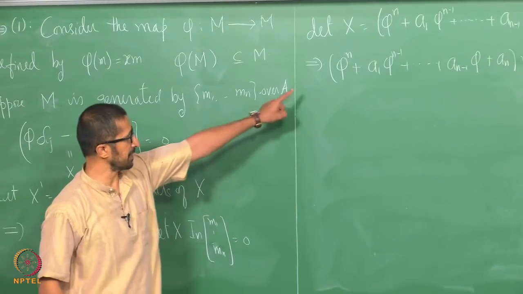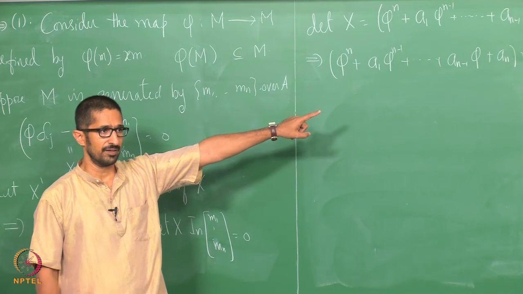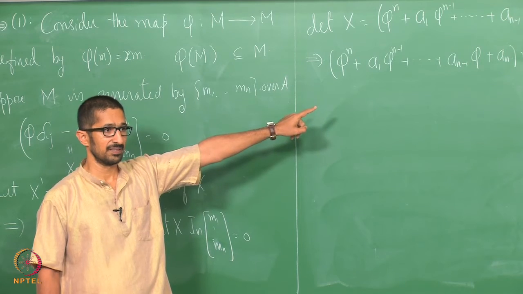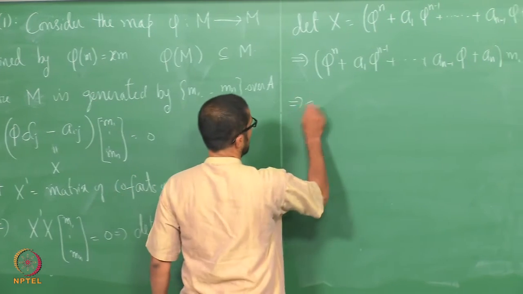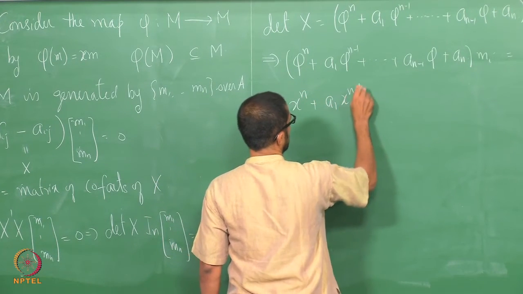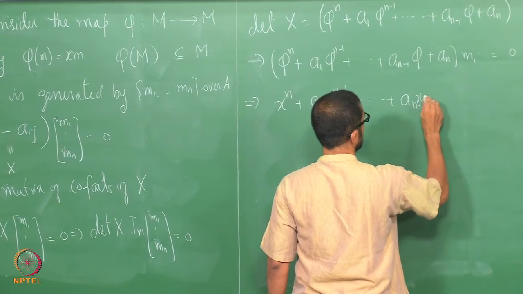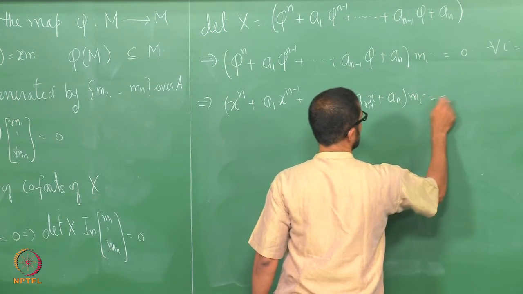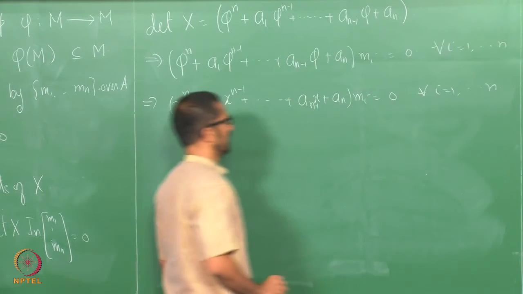But what is phi^n acting on mi? Phi is an A module homomorphism. It will be x^n mi. So, this implies that x^n plus a1 x^(n-1) plus ... plus a(n-1) x plus an acting on mi is 0 for all i from 1 to n.